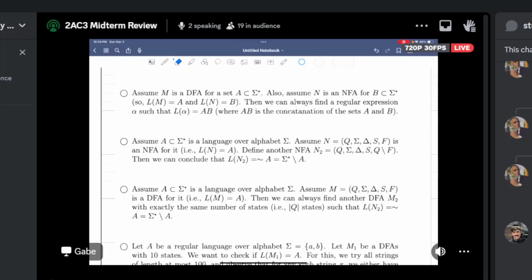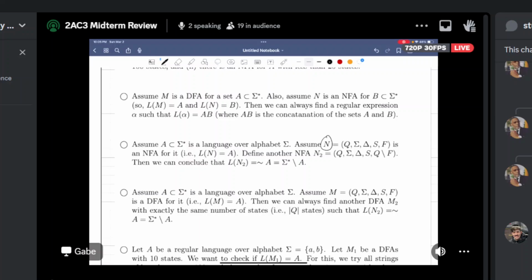Okay. This one is saying that if A is a language, assume N is some NFA with that formal definition. And N2 is the same as N, but with all the states flipped. So all the non-accept states became accepted, and all the accepted states became non-accepted. Can we conclude that N2 is the complement of N?